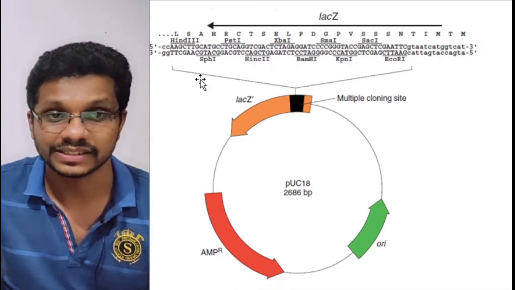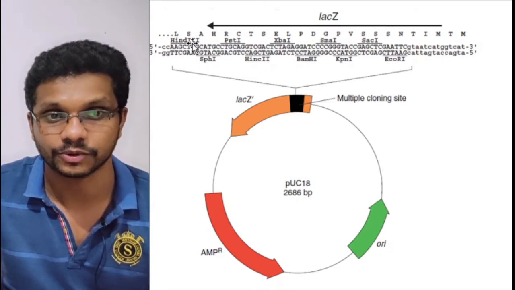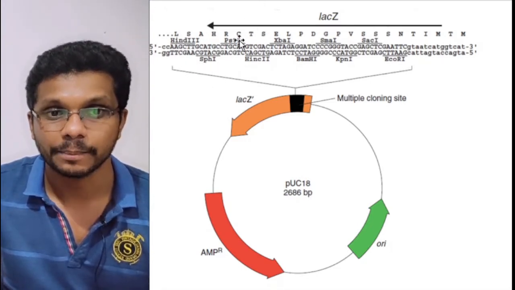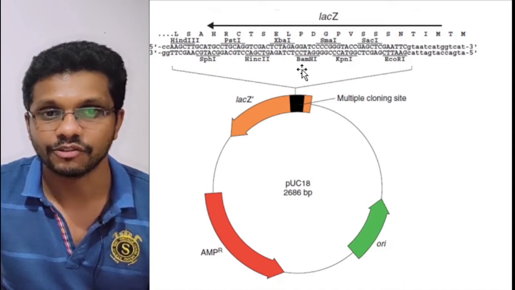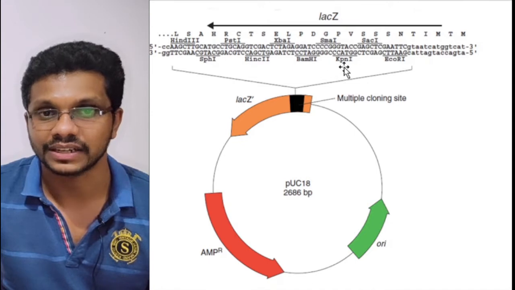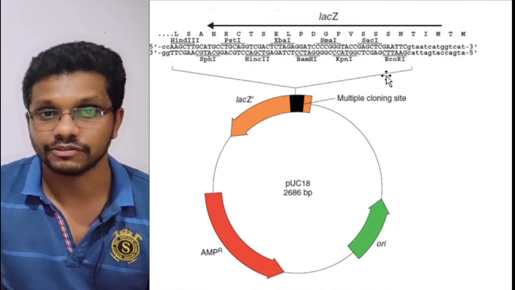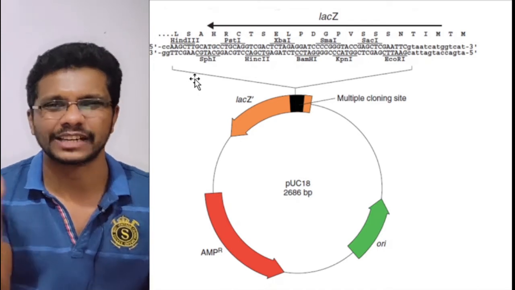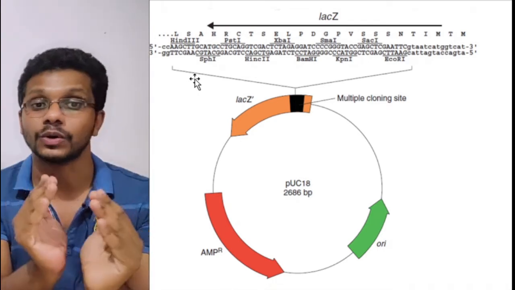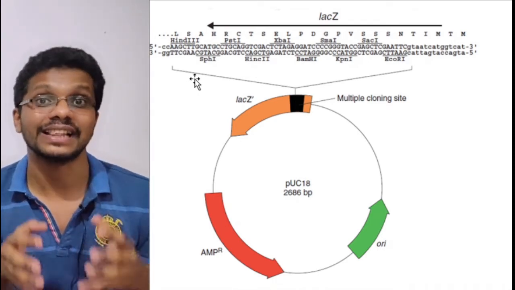Here you can see it has restriction sites for HindIII, SphI, PstI, then HincII, XbaI, BamHI, SmaI, KpnI, SacI, and EcoRI. All these restriction endonuclease recognition sites are packed into a very small region, the multiple cloning site, which is inside the lacZ' gene.